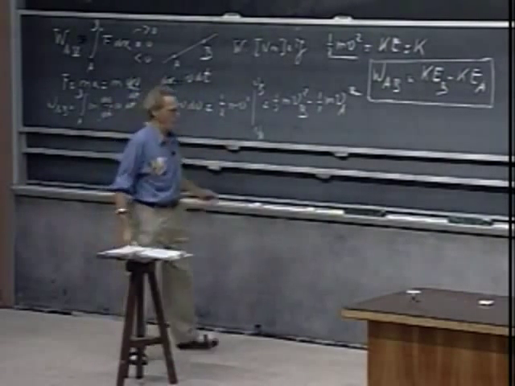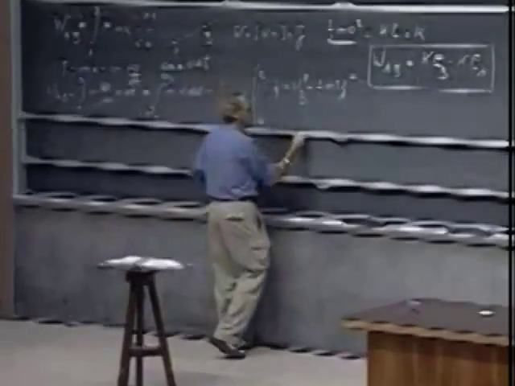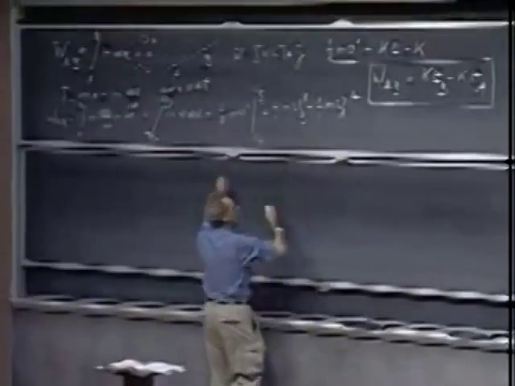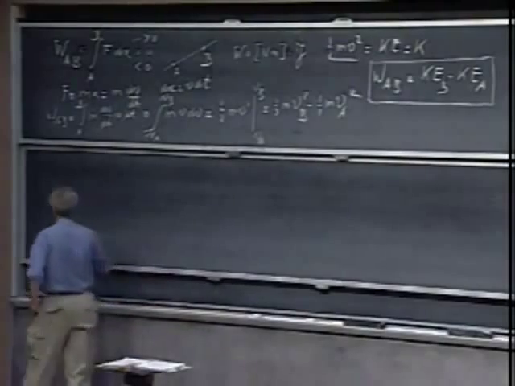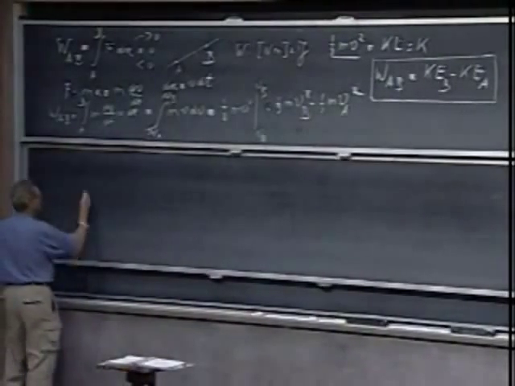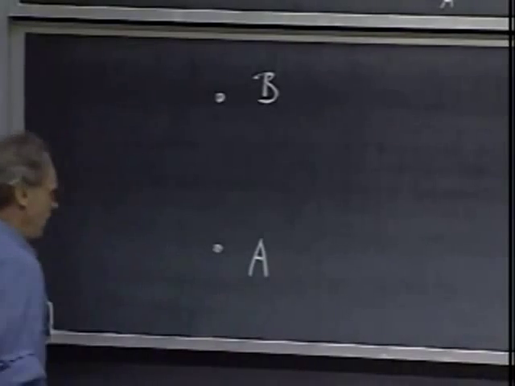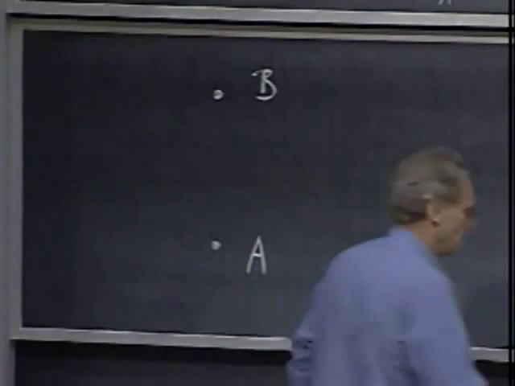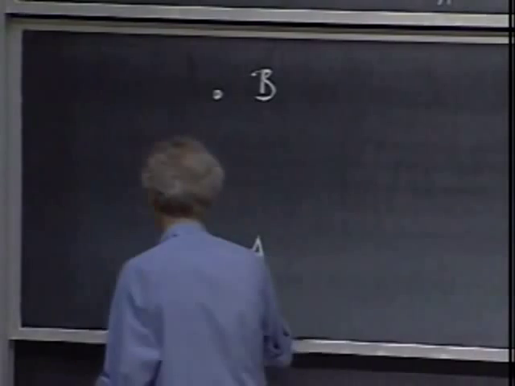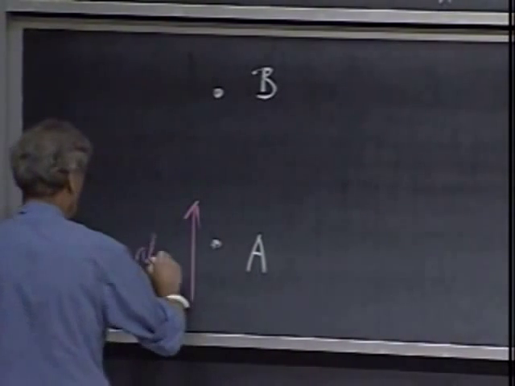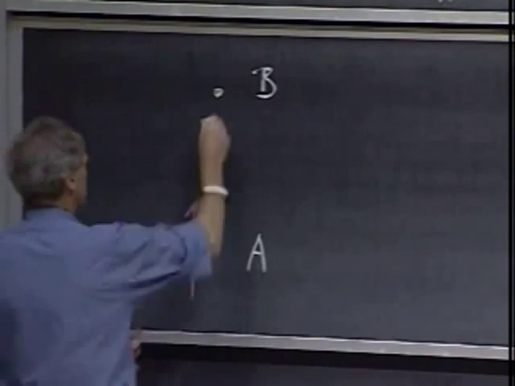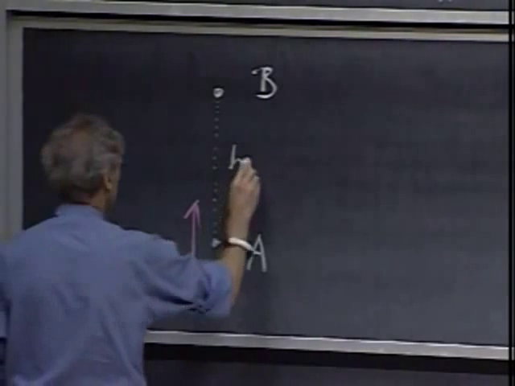Let's do a simple example. Applying this work energy theorem, I have an object that I want to move from A to B. I let gravity do that. I give it a velocity. Here is the velocity v of A. And let the separation be h.